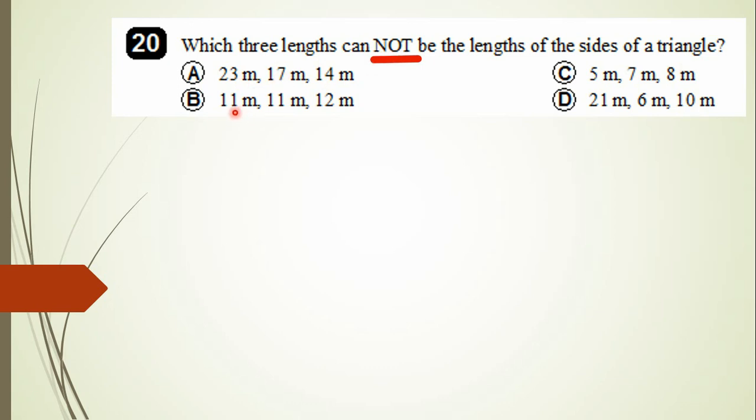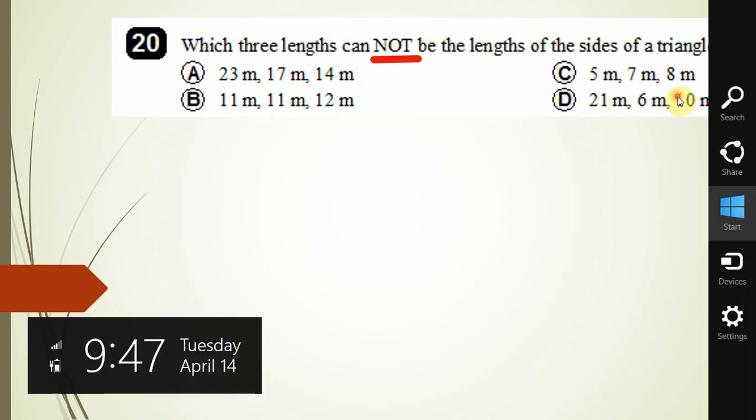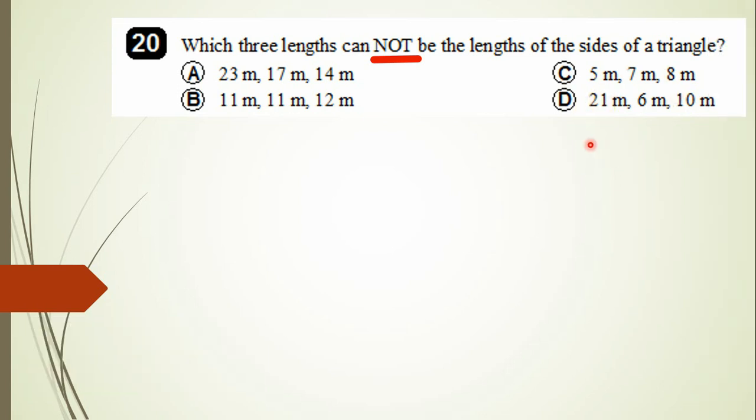What about letter B? 11 plus 11 is 22. Greater than this one? Yes. Letter C. 5 plus 7 is 12. Is 12 greater than 8? Yes, can be. The smallest two sides are 6 and 10. Their sum is 16. Greater than 21? No. Then these numbers cannot be sides of a triangle.